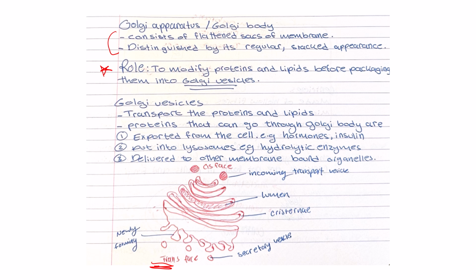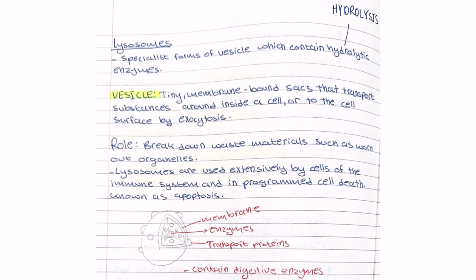It depends on what the rough endoplasmic reticulum has produced. And then these vesicles are going to be transported to the specific location that they require, and they're going to bind onto the cell's plasma membrane, which then allows them to secrete whatever protein substance is produced.